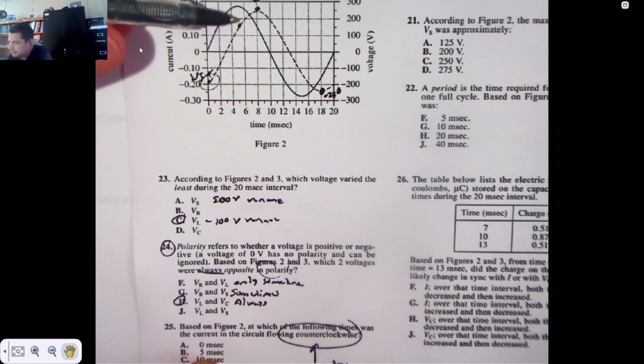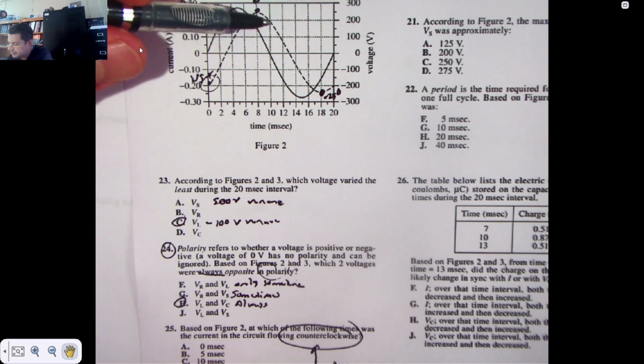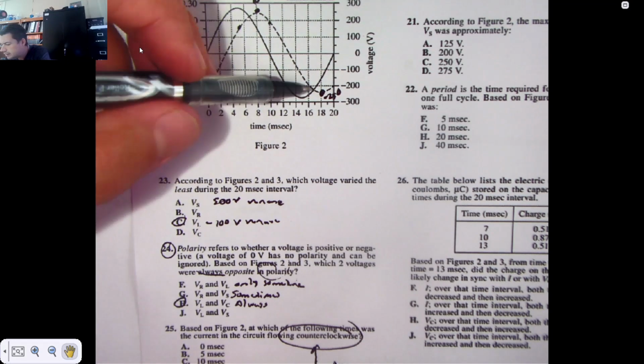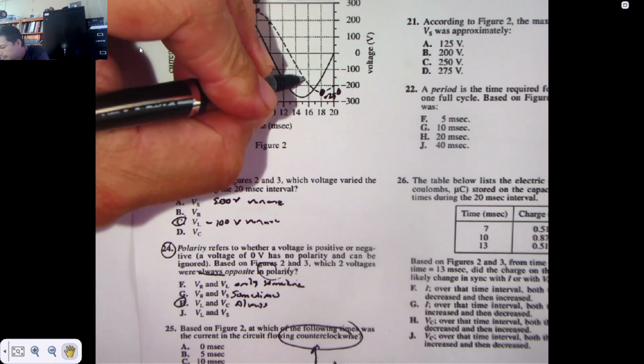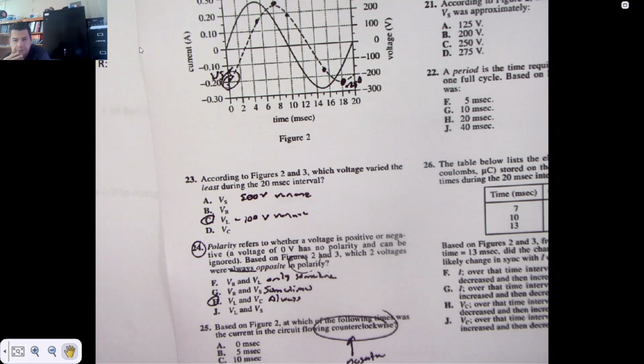That's kind of mean of them. At 10, it's positive. 15, now it's right there. Why shouldn't this be included? That is really mean of them. Why shouldn't I include that? That's technically negative.